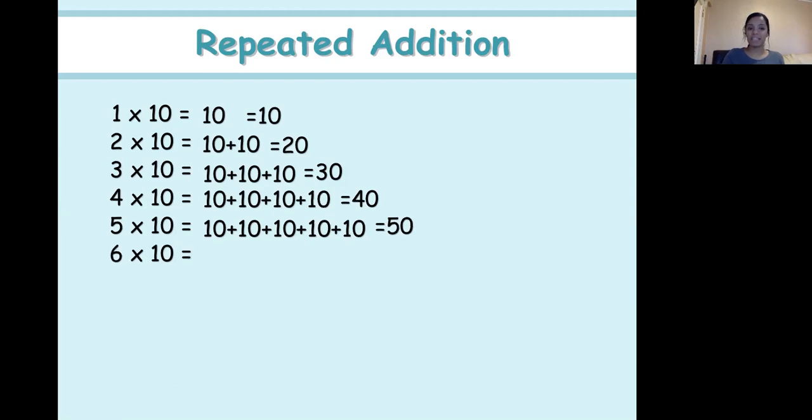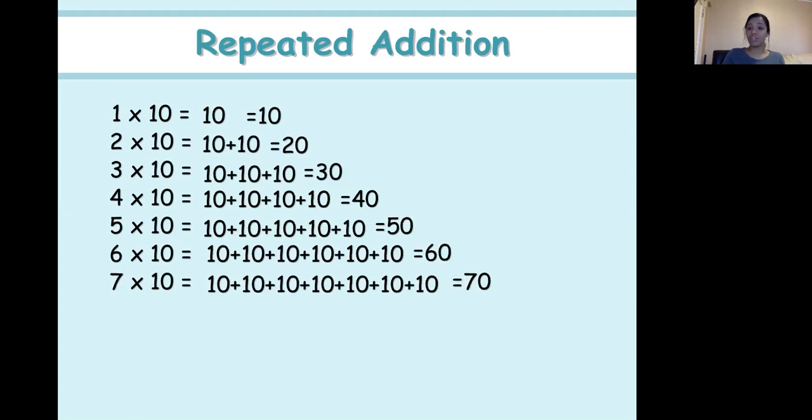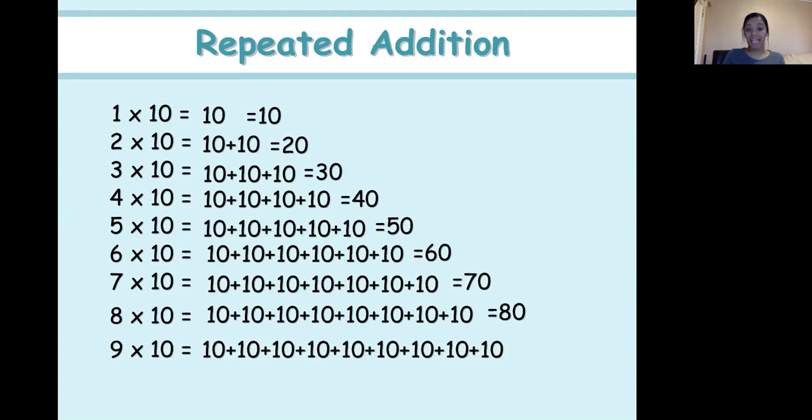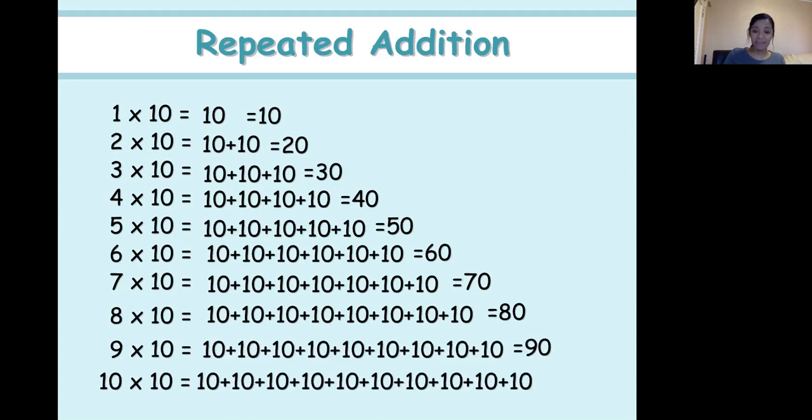The same with 6 times 10, okay, equals 60. 7 times 10, which equals 70. 8 times 10, which equals 80. 9 times 10, which equals 90. Then we have 10 times 10, which equals 100.